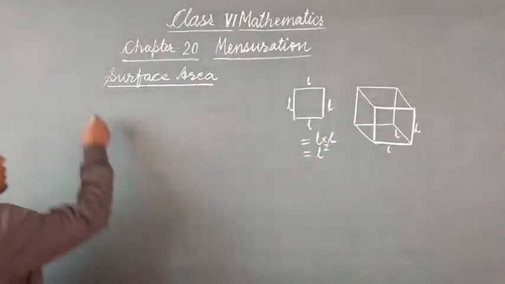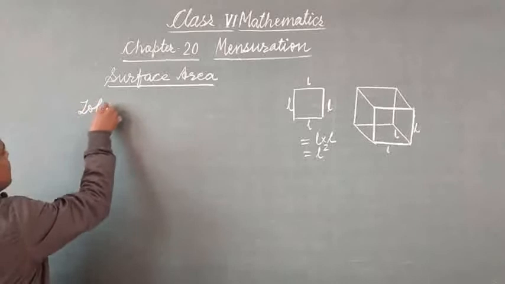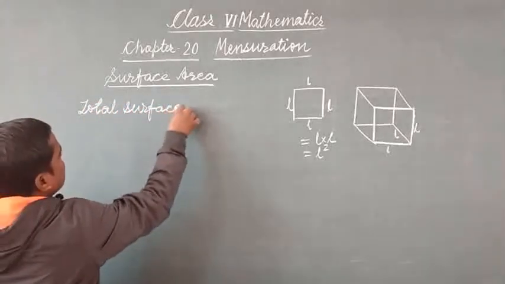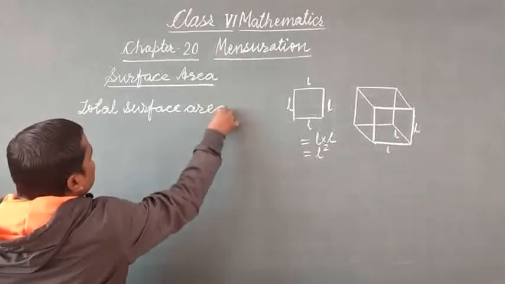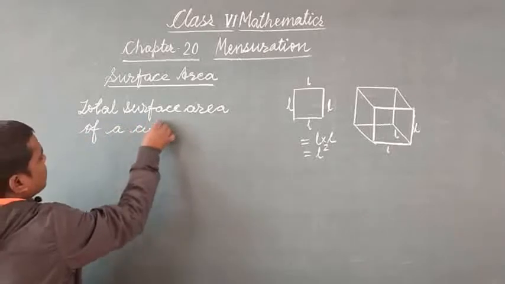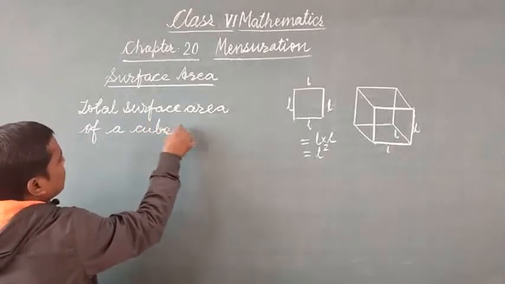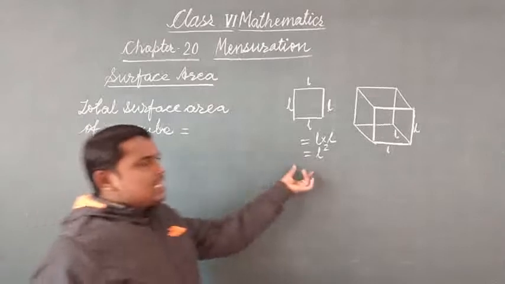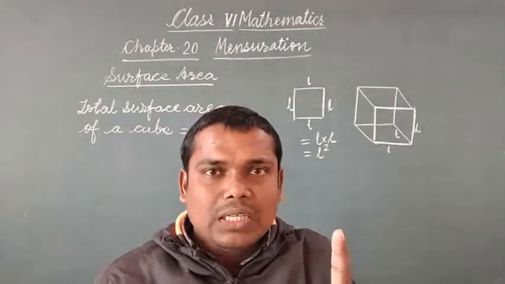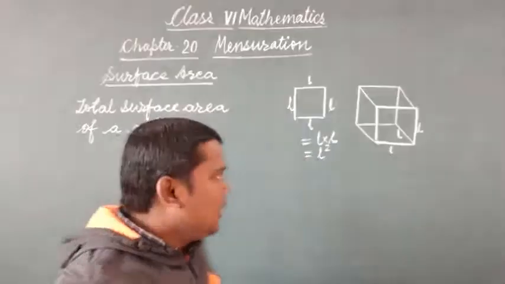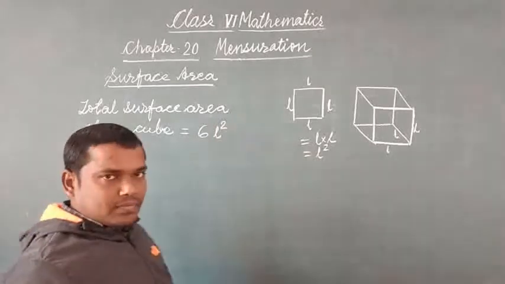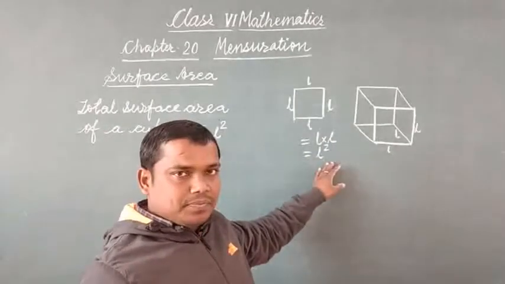So the total surface area of a cube is equal to 6 times the one surface area, means 6 into L square. I hope it is clear.